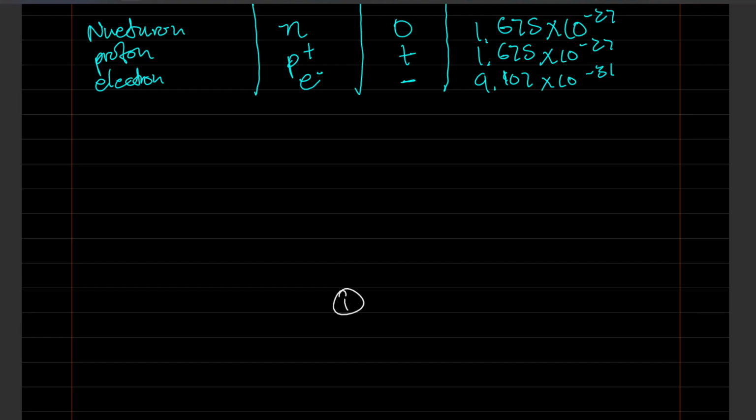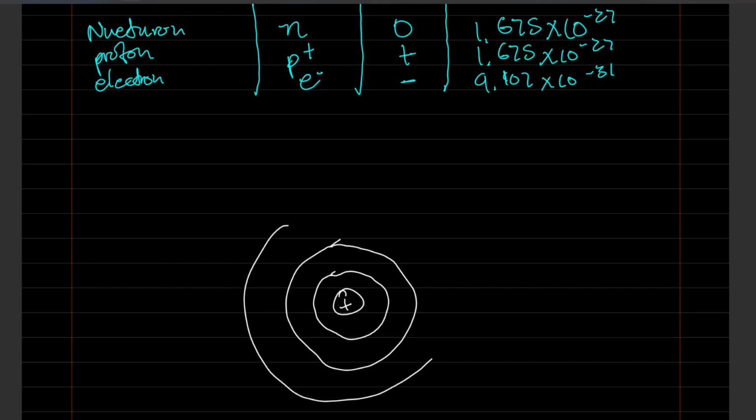So this would be the nucleus, which contains a neutron and a proton. And you'd have your first shell here, the second shell, and then comes our third shell. Well, there are rules within these shells, but I will explain them as I go along. Now, the nucleus may be thought of as a central sun about which electrons revolve in a particular fashion.